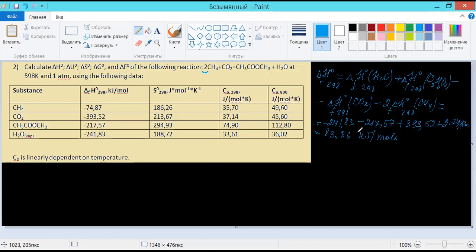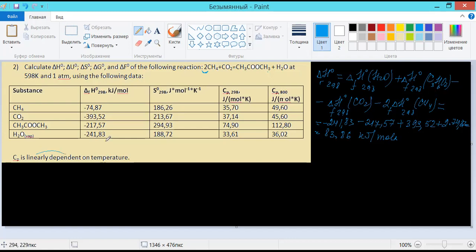Now, again, the heat capacities of the substances of this reaction are linearly dependent on temperature. And that means that we don't know how to deal with them. The only idea given as a hint for our consideration is this one, linear dependence.